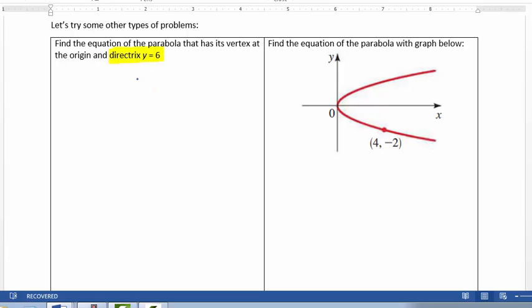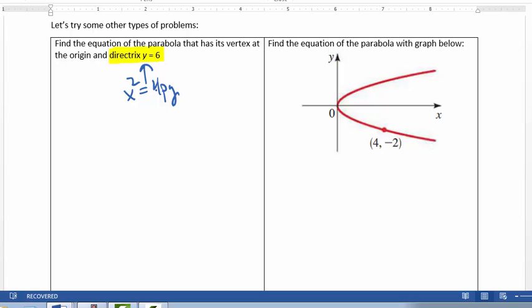So immediately you know that since the directrix is horizontal, what form is this going to have, right? Which form fit the directrix of a horizontal line? It would have been x squared equals 4py, because if the directrix is horizontal, that means it's going to open up or down.